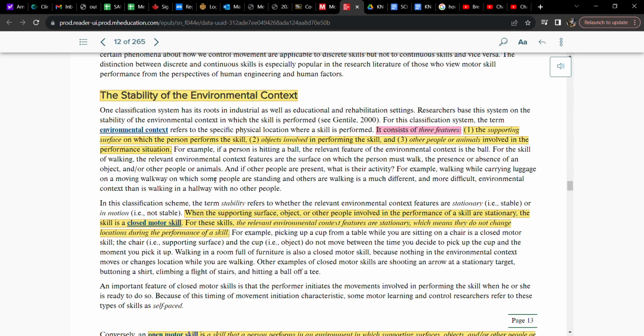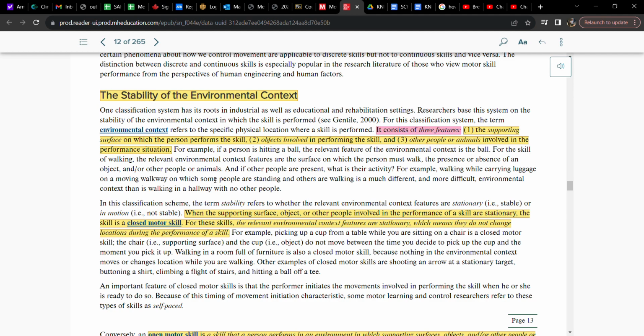So if there are more features that are changing or more features that are moving, like when you're driving a car, you're consistently moving and things outside are moving. There might be other people or animals, and if it's windy, there might be things flying around. That would be more of that open motor skill, versus when things are really stationary, really predictable, like sitting around drinking a glass of water.